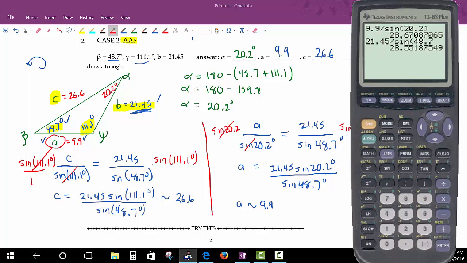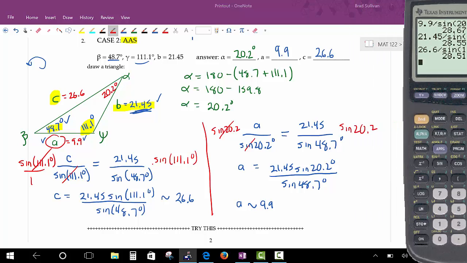Should get the same thing, or close. And then the last side is C: 26.6 divided by the sine of its opposite angle, 111.1. And notice you get about the same answer, off a little bit because of rounding. If you round to two decimals, three decimals, and so forth, you're going to gain some accuracy.